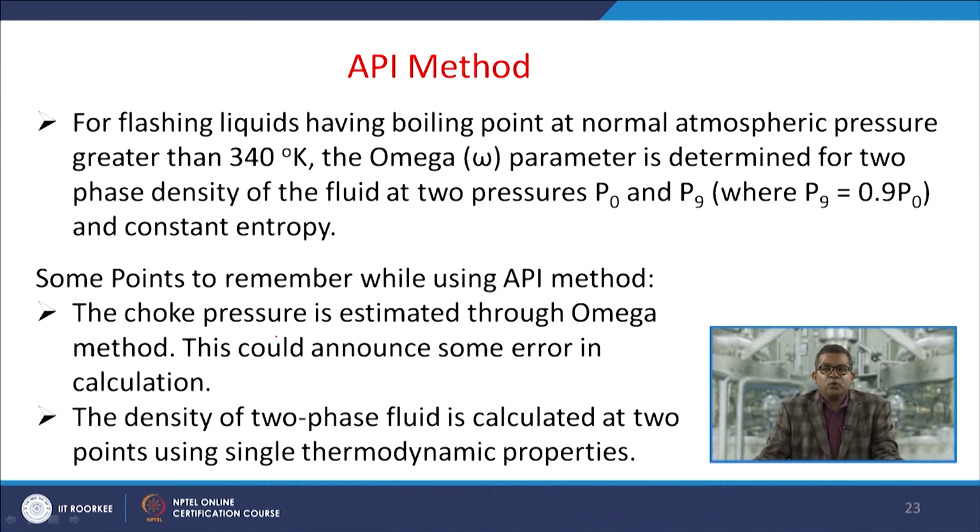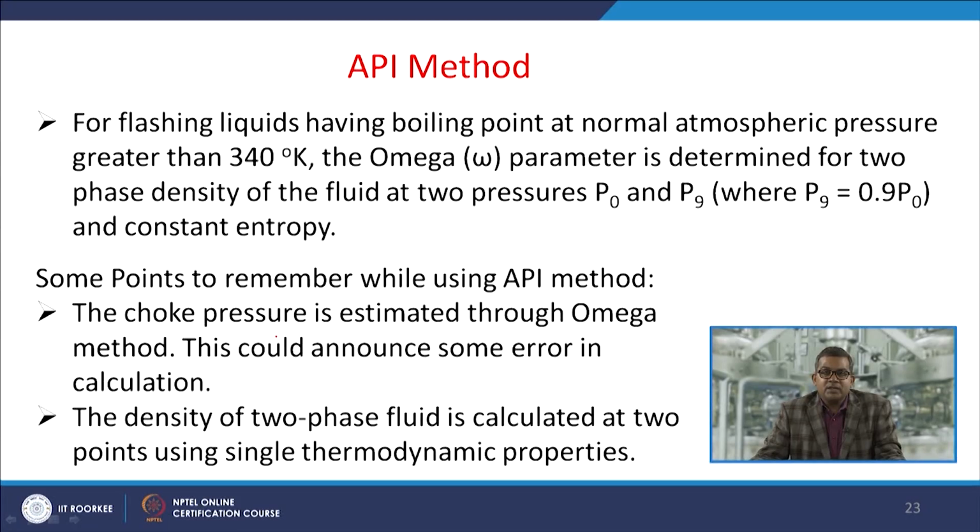Now, there are some points we need to remember while we use this API method. Number one is that the choke pressure is estimated through the omega method, and this could introduce some error in the calculation. So, while we go for precision, we need to take due consideration of those errors.